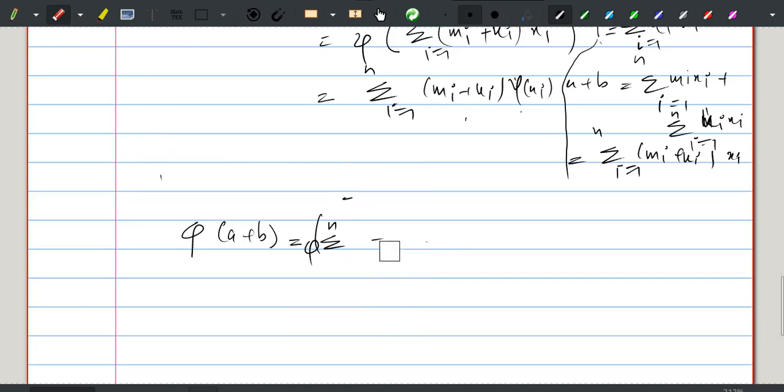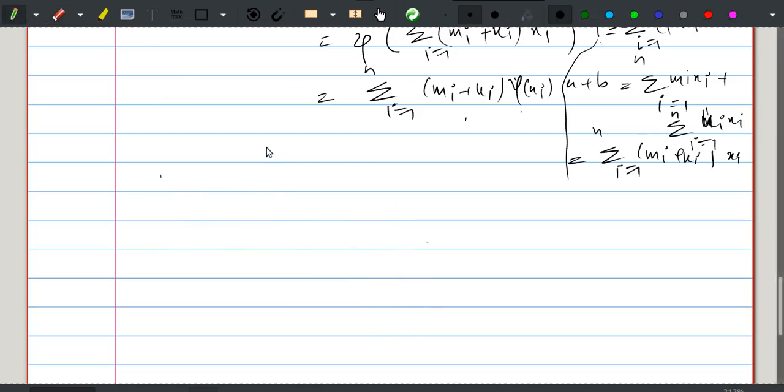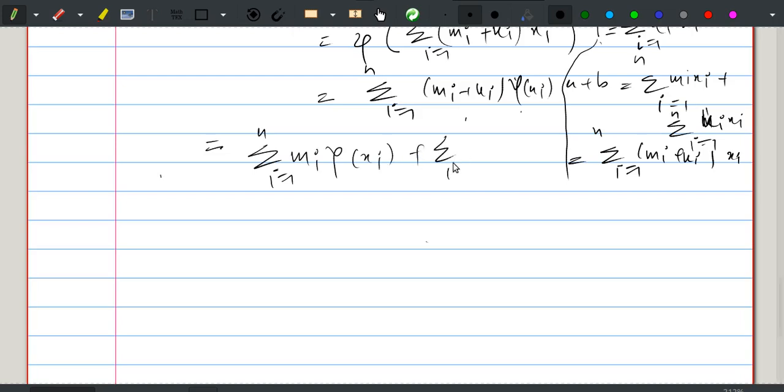So this is the same as sigma i runs from 1 to n mi gamma of xi plus sigma i runs from 1 to n ki gamma of xi.